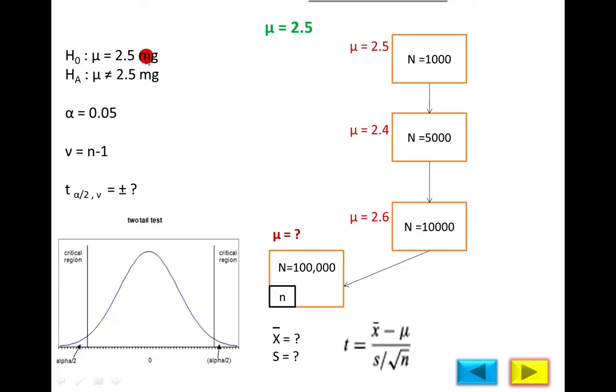If this is equal to, or not equal to, the same value 2.5 milligram, and the level of significance alpha we suppose is 5% probability of error, and if you select this sample and the decision is to accept the null hypothesis, this may be wrong with 5% probability of error, because if you select a sample from a different part, the result may be different.